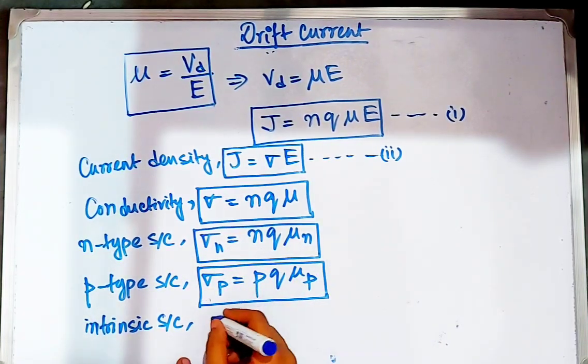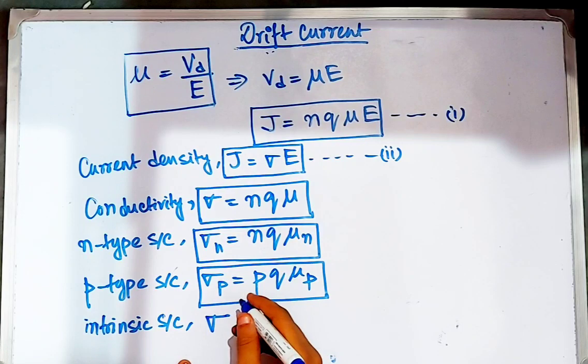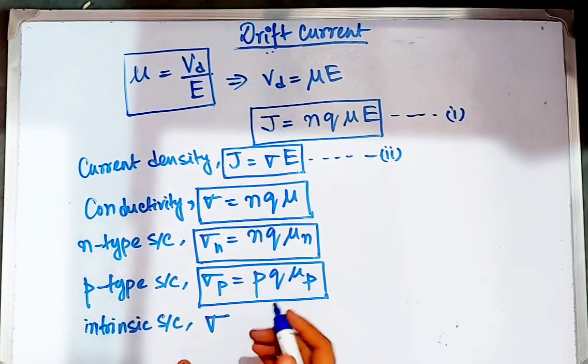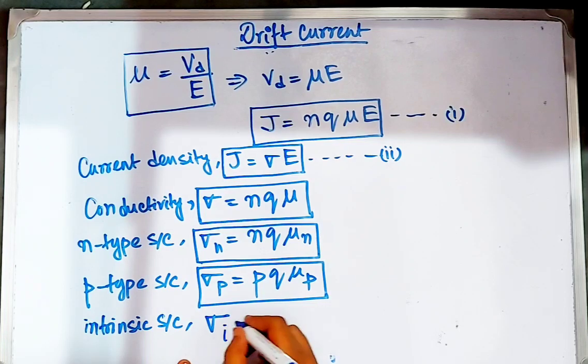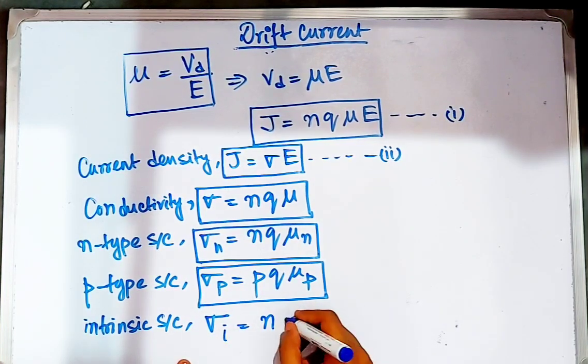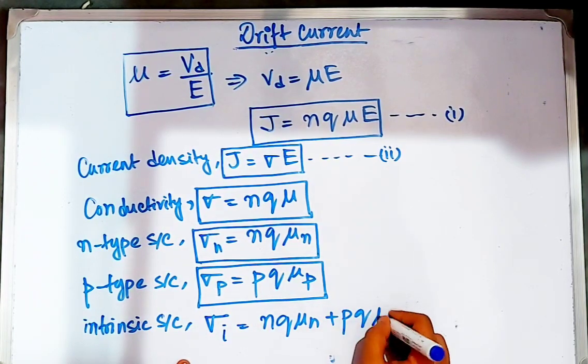So then we need to consider both of the charge carriers for our conductivity calculation. So for intrinsic, that is n q mu n plus p q mu p.